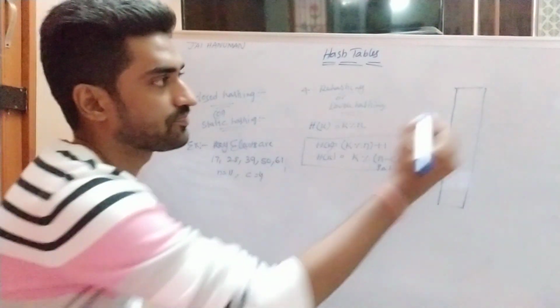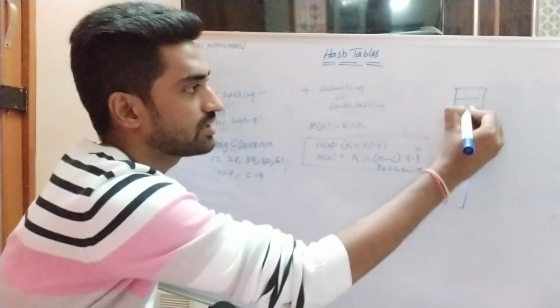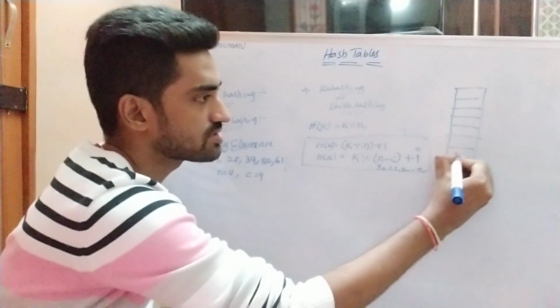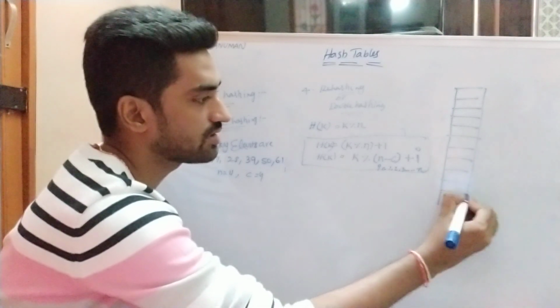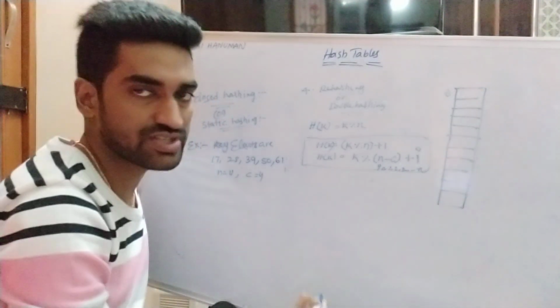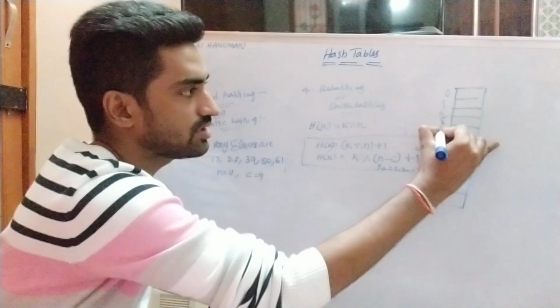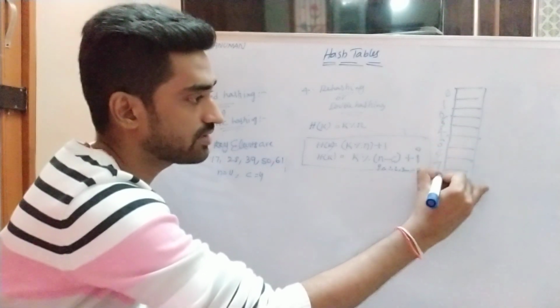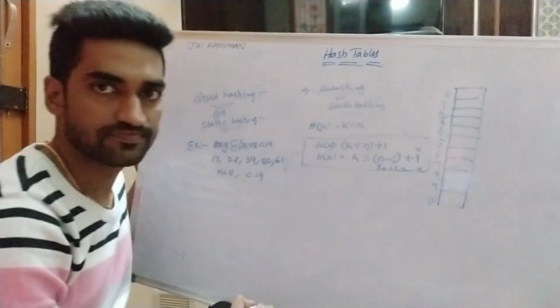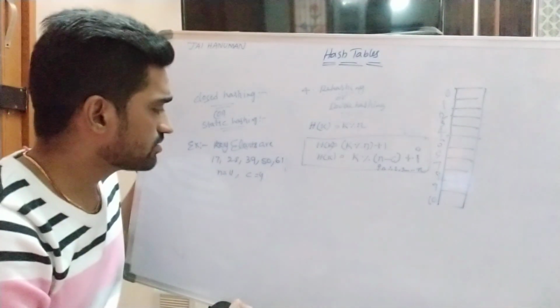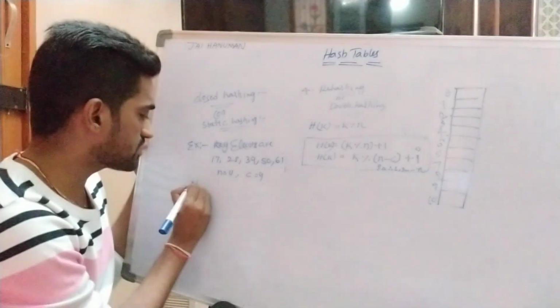Index starts from 0, 1, 2, 3, 4, 5, 6, 7, 8, 9, 10. Right? So here, what is the first inserted key value?